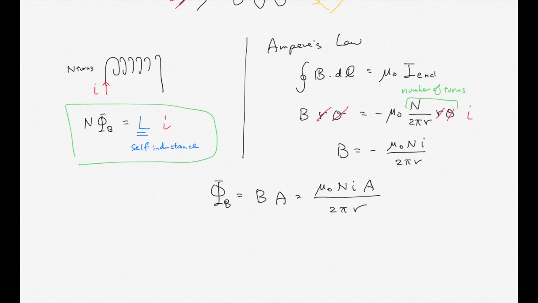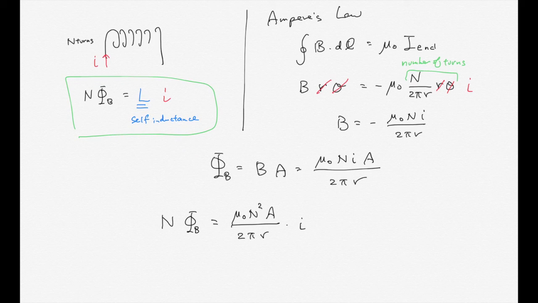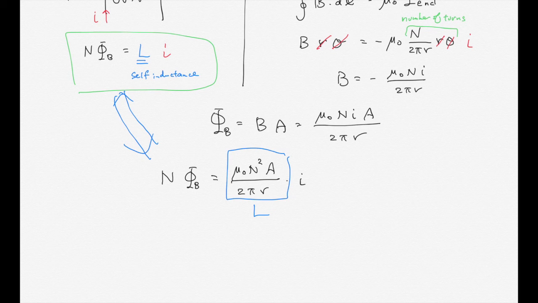Then if you multiply by N, Φ_B becomes mu sub 0 N squared A over 2 pi r times I. And if you compare these two cases, this corresponds to L. The self-inductance of a toroidal solenoid is given by mu naught N squared A over 2 pi r. This is the answer to this practice.